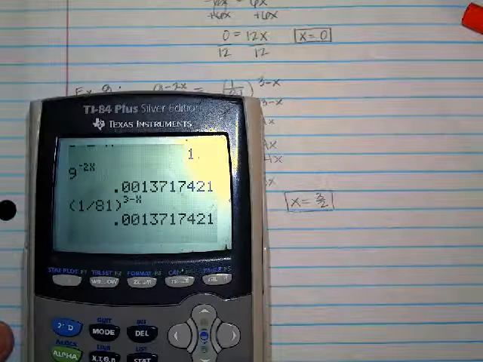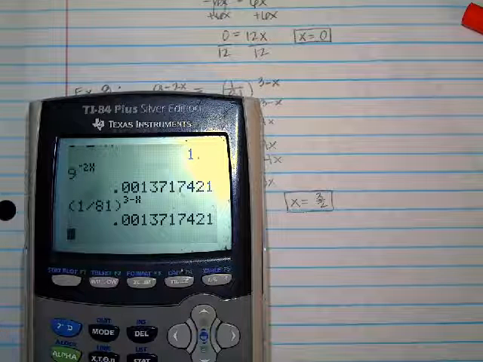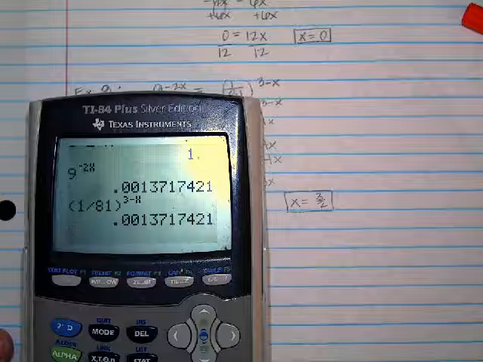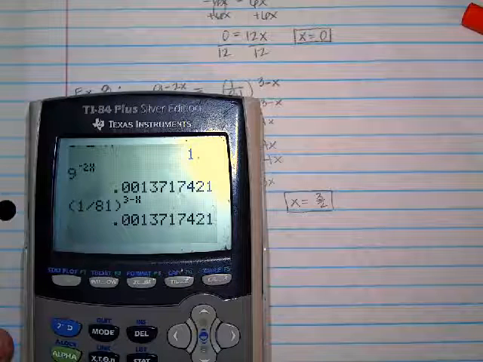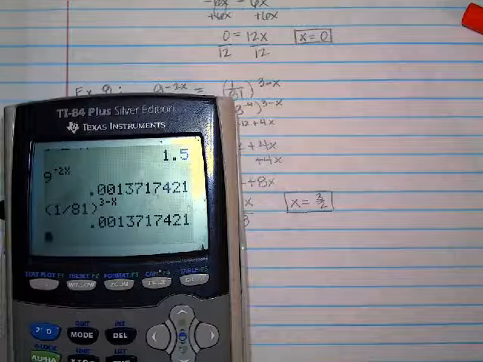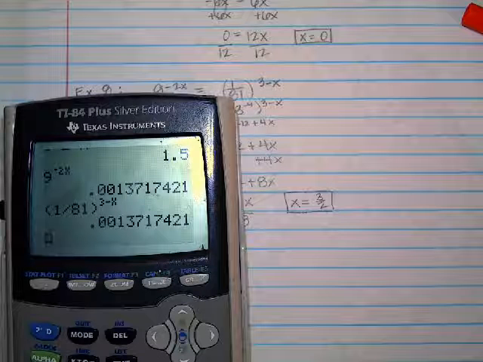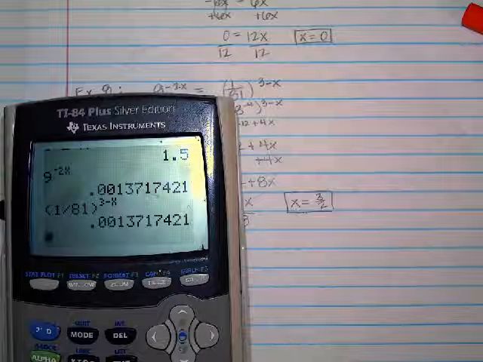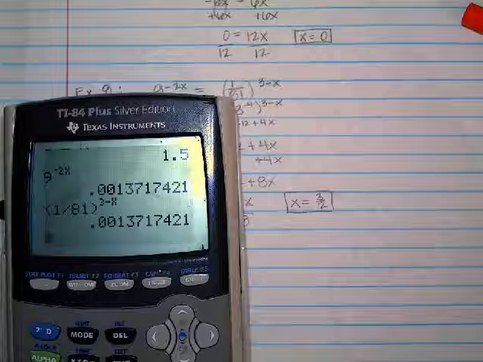Have fun. No, just calculate it as a fraction, not a decimal number. So you don't have to check your answer every single time. It's just kind of nice to know that it's an option if you didn't feel great about your answer, if you got a weird answer and you wanted to know.